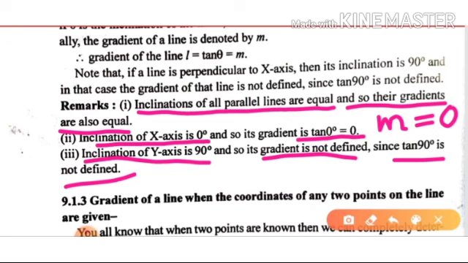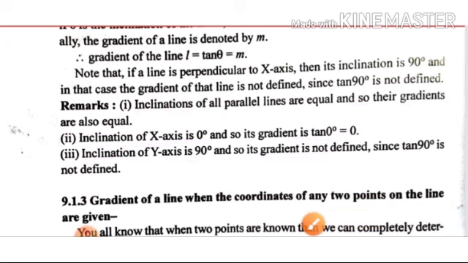Okay, so this is the way we can find out the gradient of a line if we know the angle of inclination, and for standard angles we can find out the gradient easily. If the angle of inclination is not a standard angle, then we'll learn later on how to find out the gradient.